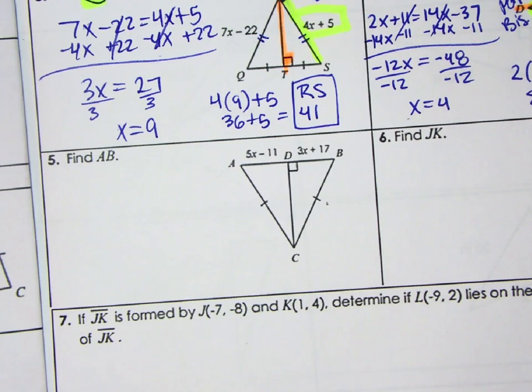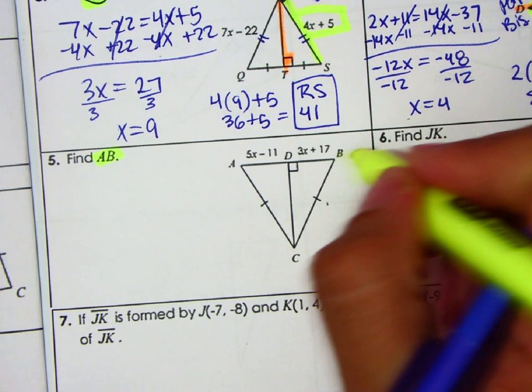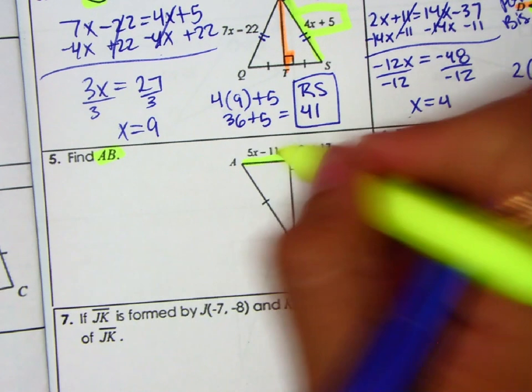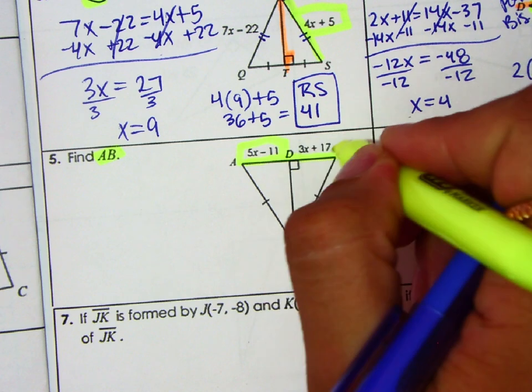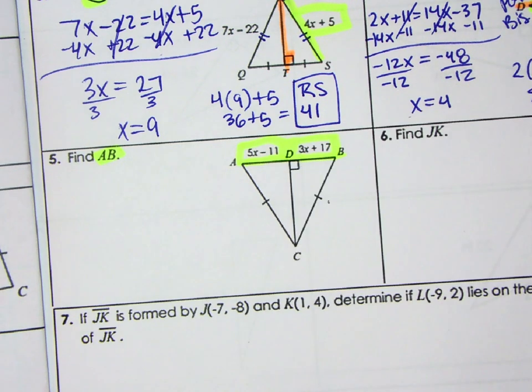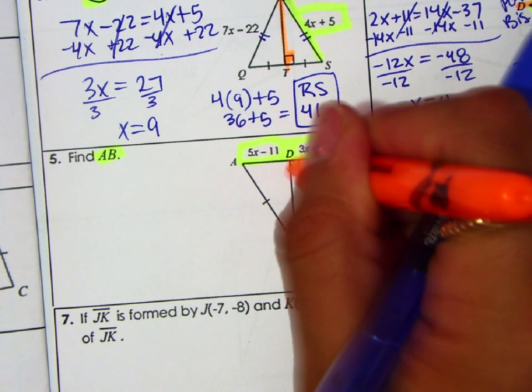On the next, we have find AB. I'm gonna highlight it yellow. AB, all the way, this and that together. We are going to identify that there's a perpendicular bisector right here.